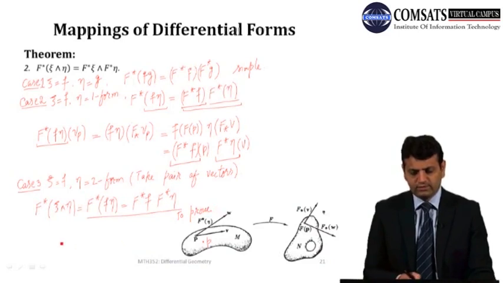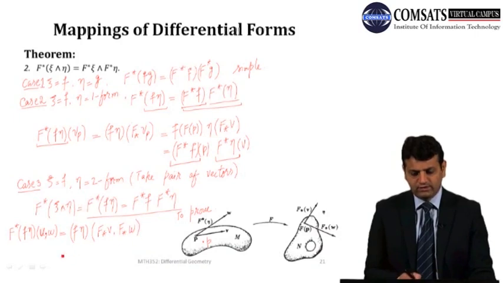So to prove this, what will we do? We took a pair of vectors and after that we will look at its image. What is f upper star of f eta at this pair of vectors v and w? So this is equal to, by definition, f eta f lower star of v f lower star of w.